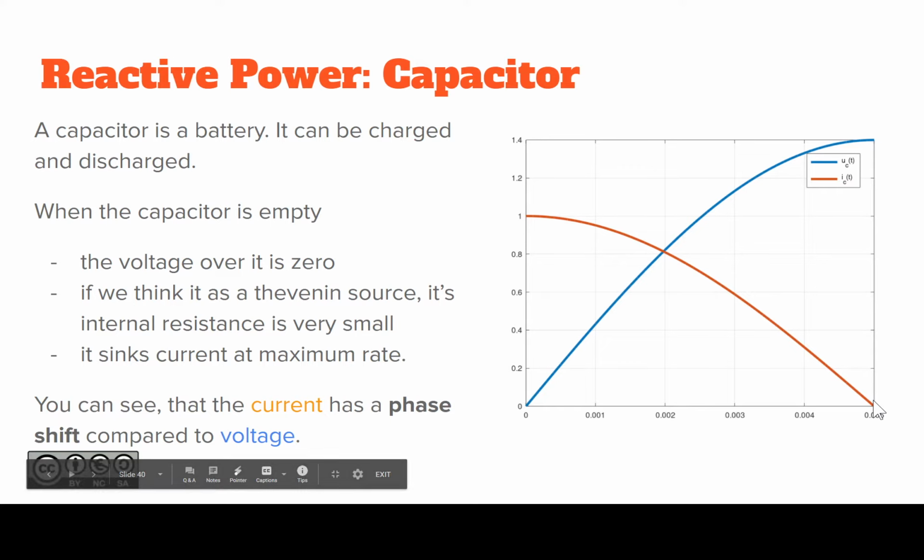So it's fully charged in one sense. And then when you start going on the U line down, then you are starting to discharge the capacitor. Okay, so 90-degree phase shift.